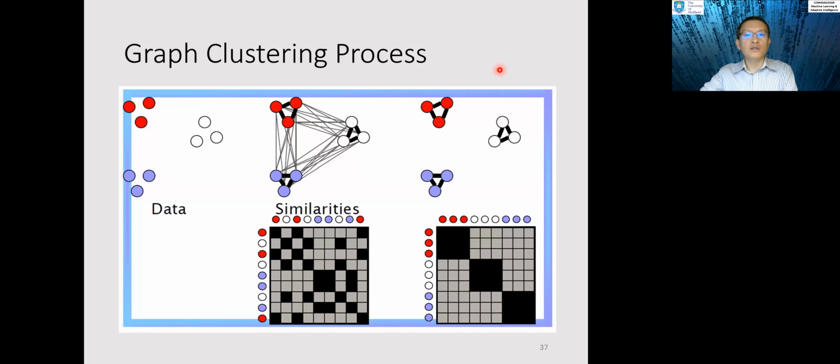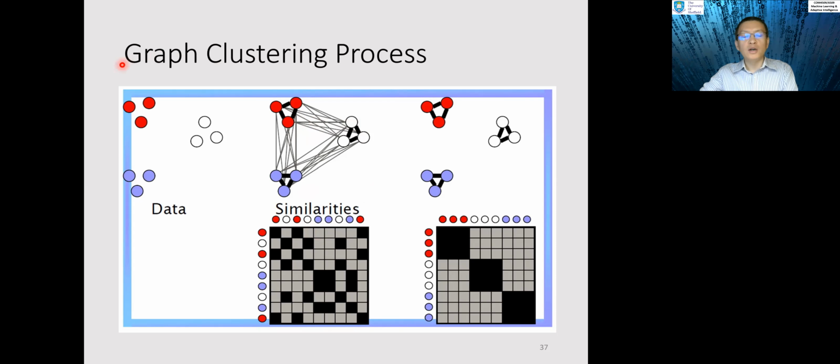And before presenting that solution, let us look at the graph clustering process. We start with data. This is given, and then we need to construct a similarity matrix by computing the similarities between these data points. After computing this similarity matrix, we naturally define a graph over here. The connections between the data points are weighted, and the weight is the similarity.